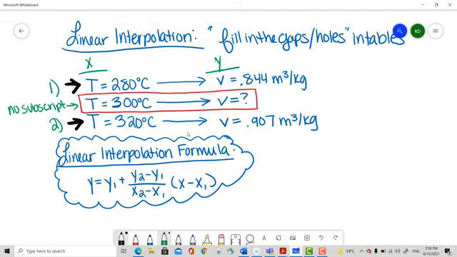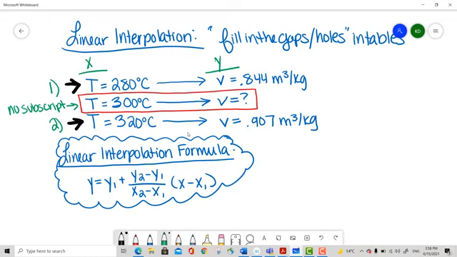That might help out. So here, this is no subscript, and here, this is no subscript. That makes sense, right? Because the formula is y equals, and this y doesn't have a subscript, and this column doesn't.